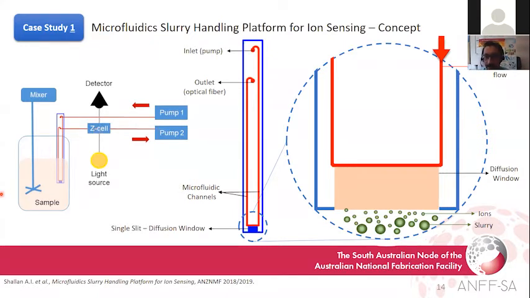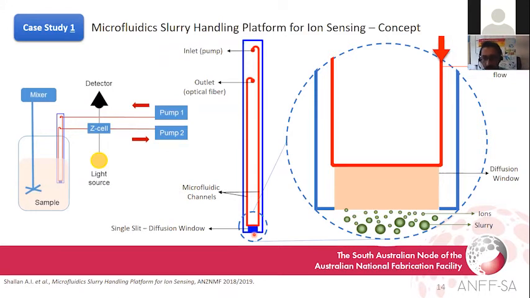As you can see in the middle figure, we present a new microfluidic device that interfaces the laminar flow in a microchannel with a complex slurry sample under turbulent conditions outside through a single slit, which we call the diffusion window. The diffusion window is designed for extracting small ions, but not particles, under turbulent conditions.